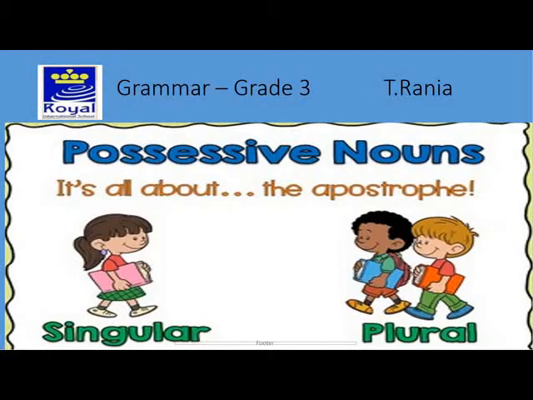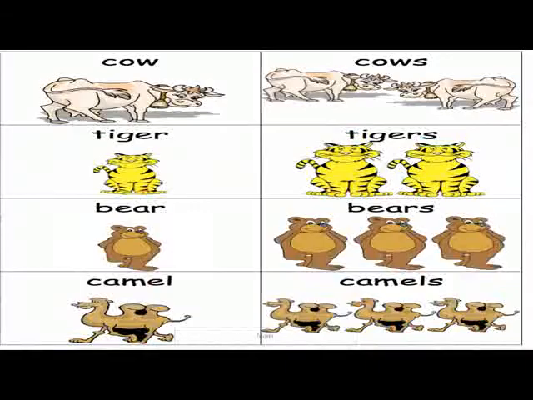First of all, let's revise the nouns. We studied before about the singular and the plural. Here, singular means one thing and plural means more than one.